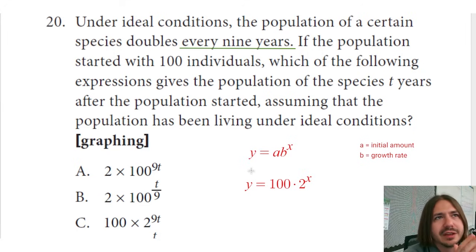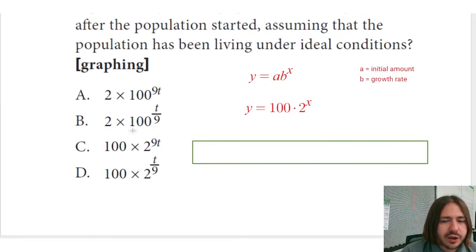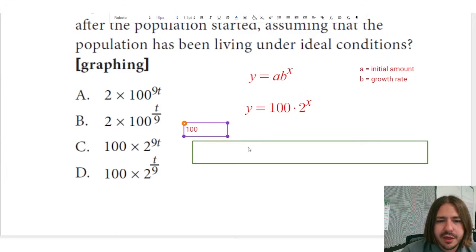Okay, so if we double over the course of 9 years, divide that up into each individual year, we do like 1/9 of that doubling per year. So maybe I can try to illustrate this. If here is our timeline, we want to double over the course of the full timeline. So we're going to start with 100, and we're going to double all the way to 200. This is going to take 9 years.